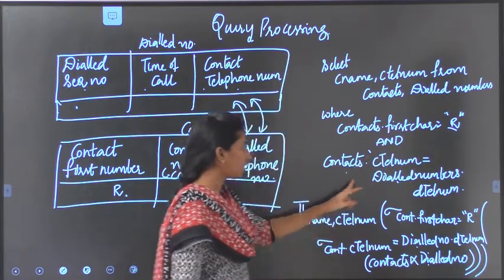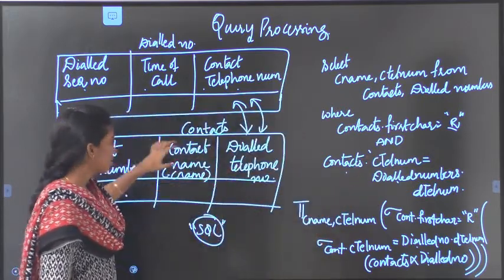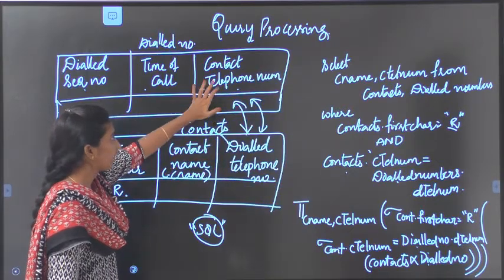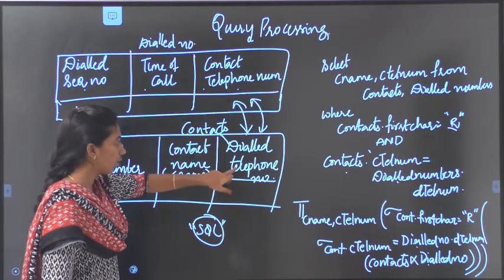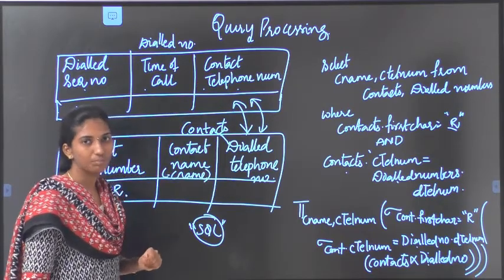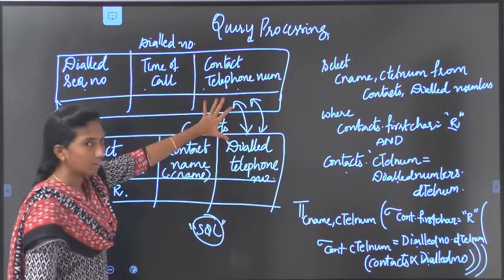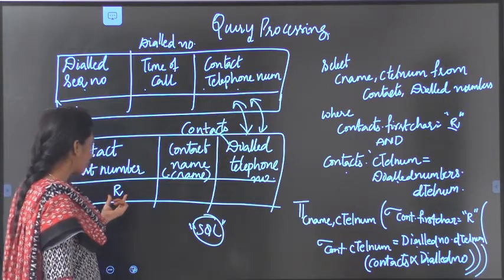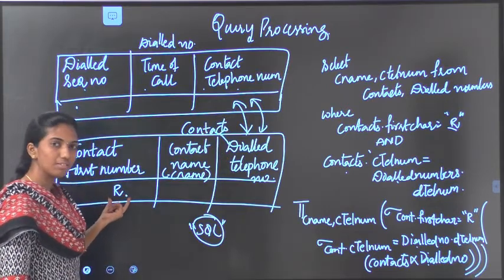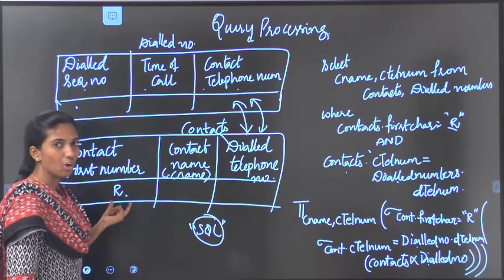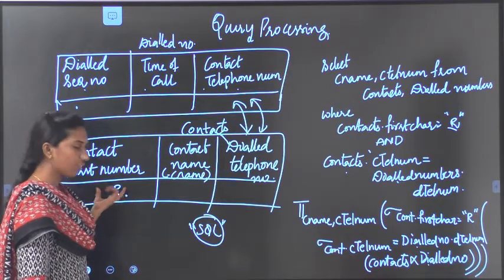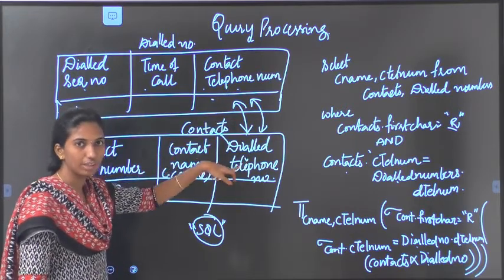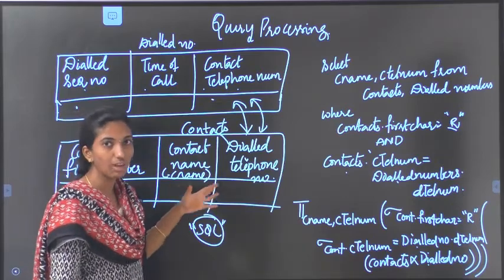And contacts dot CTELNUM is equal to dial numbers dot CTELNUM. In order to retrieve the first character R, I need to cross multiply and verify the condition of equality, that is, where my contact number matches the dialed number.